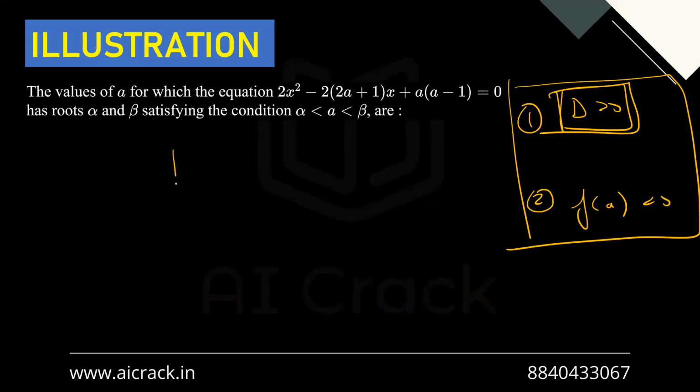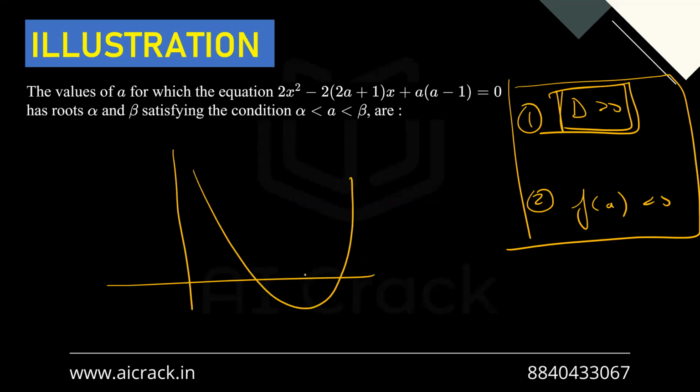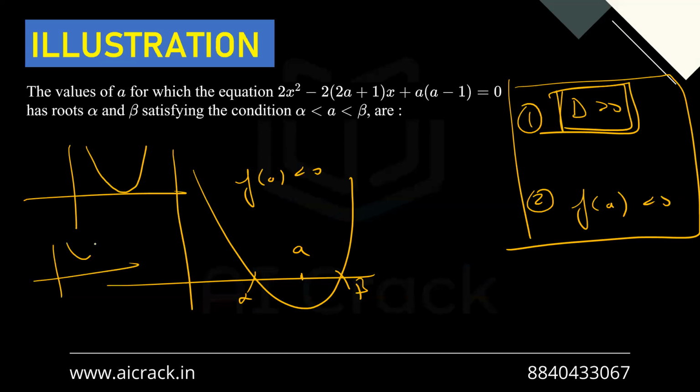Now understand one thing: when we are saying a is between alpha and beta, also f of a is less than 0, we inherently mean alpha and beta should be distinct. Because if we take this case or this case, in both of these cases f of a is either going to be 0 or positive. It cannot be negative.